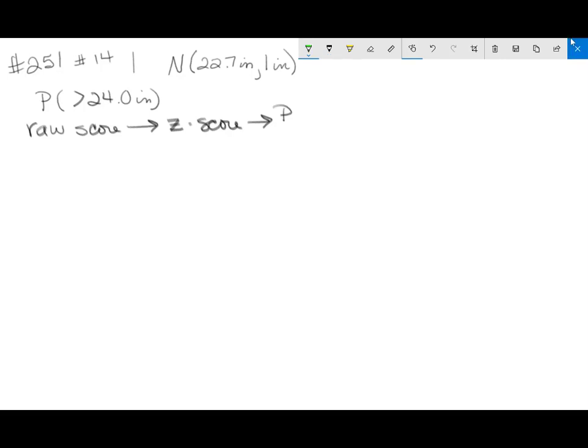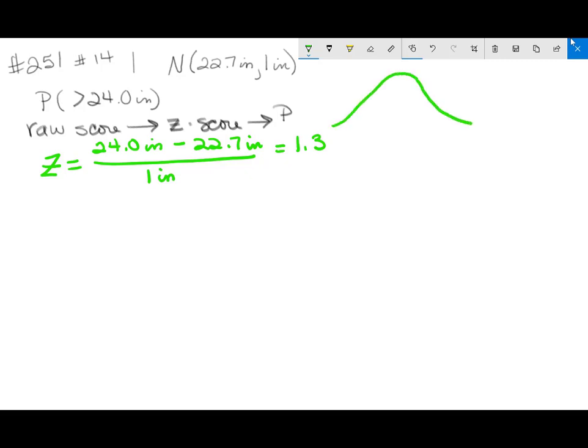The z-score is my score minus the mean, divided by the standard deviation. When I do that, I get 1.3.